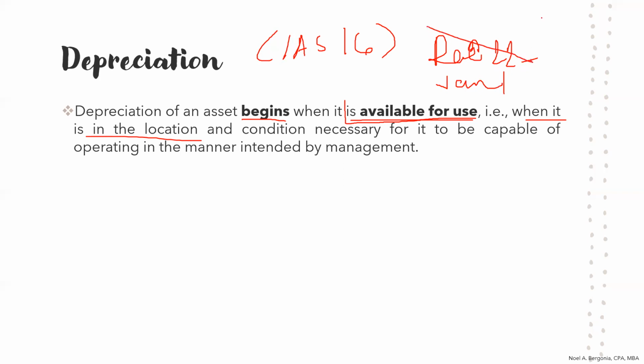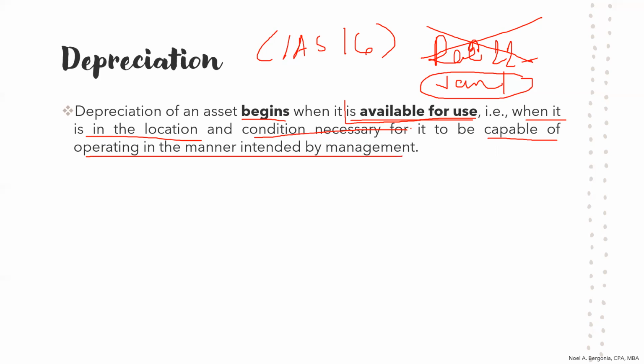It's not the time when you bought it, but it's the time when it is already available for use. Kung na-deliver siya, nandun na siya sa current location, na-install na siya, okay, nagawa mo na yung necessary actions or conditions, no, that will help this asset to be capable of operating as intended by the management.